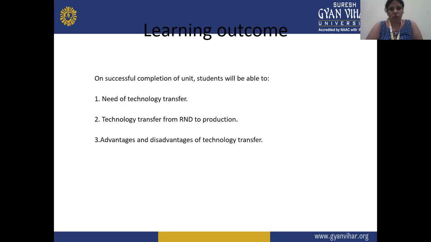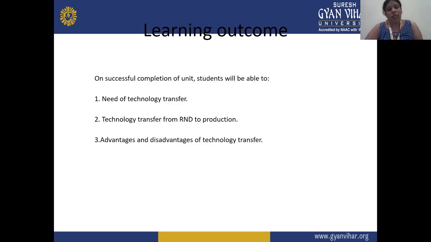Now learning outcome. The learning outcome is basically the need of technology transfer. You should know why we are doing technology transfer. If we do not do the technology transfer, what will happen? All these things you will come to know in this video. Technology transfer from R&D to production: how the technology is transferred from the R&D scale to the production scale, as well as production scale to production scale.